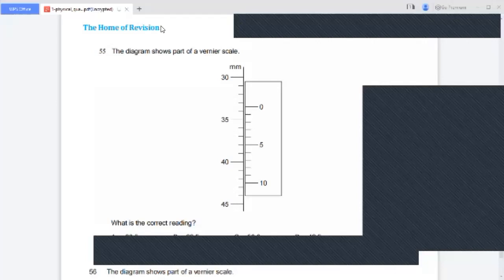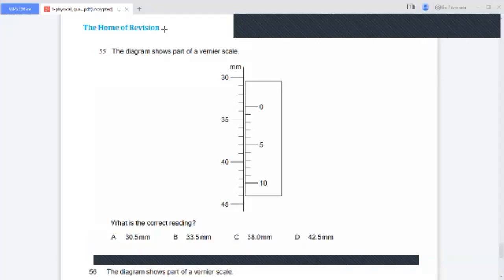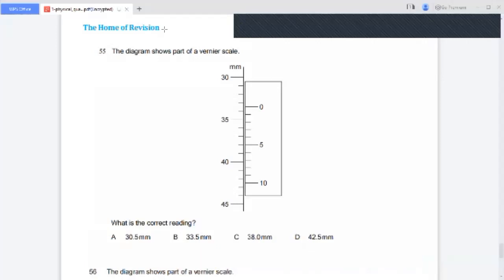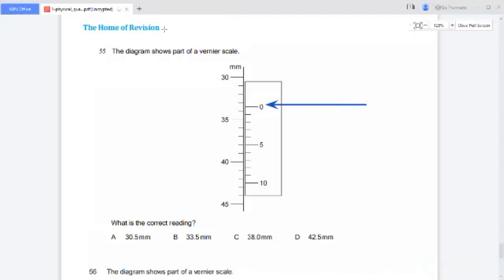Again we have a main scale, some type of scale, and then a vernier scale. The diagram shows part of a vernier scale. What is the correct reading? You can see the vernier scale 0 is here, so it is in between 30, 31, 32, 33, 34.